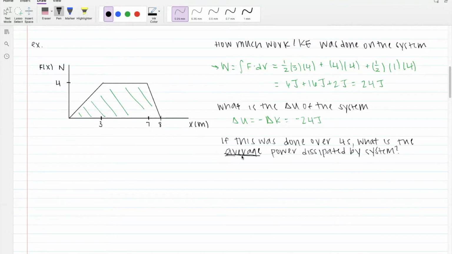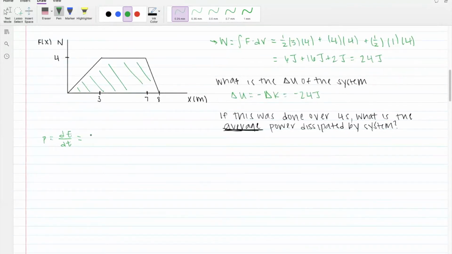And this is a key word, average. So we know that power is equal to the differential energy with respect to time. We can rewrite this because of this average keyword, energy with respect to delta time. So we have an energy of 24 joules all over 4 seconds, which is equal to 6 joules per second.